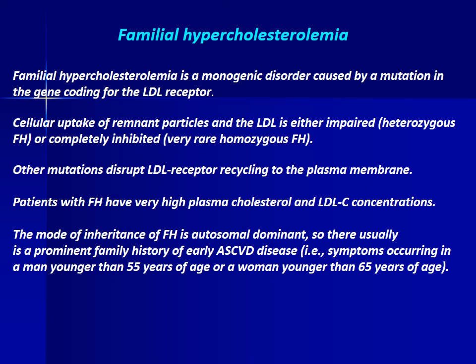Familial hypercholesterolemia. Familial hypercholesterolemia is a monogenic disorder caused by a mutation in the gene coding for the LDL receptor. Cellular uptake of remnant particles and the LDL is either impaired, heterozygous familial hypercholesterolemia, or completely inhibited, as in very rare homozygous familial hypercholesterolemia.